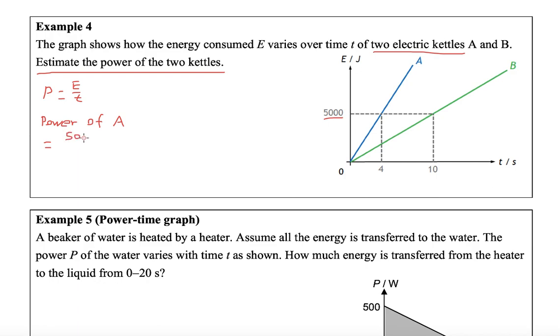You don't need to convert the unit because it's joule already. And the time is also in seconds, so you don't need to convert the unit. And how many seconds does it take? It's 4 seconds for A, so it's 5,000 over 4, which equals 1,250 watts. And similar for B, you just use the same formula, and eventually you will know that A has a higher power, right?